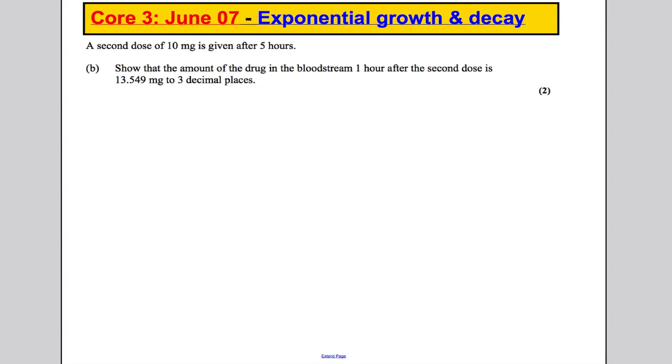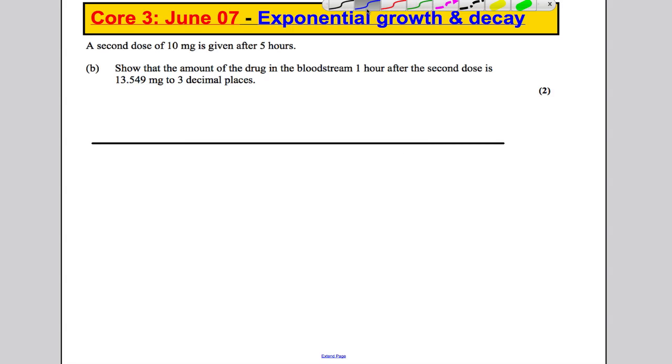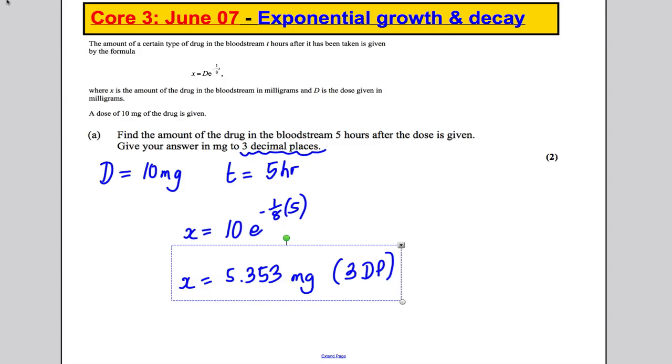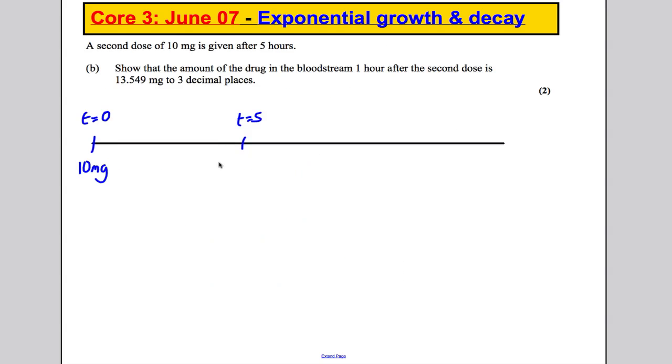Okay, so here, this is slightly complicated, but I'm just going to draw a timeline to make sure it makes sense. Originally when time was 0, 10 milligrams was put in. And 5 hours later, when t was equal to 5, we worked out in the previous example that we still had 5.353 milligrams.